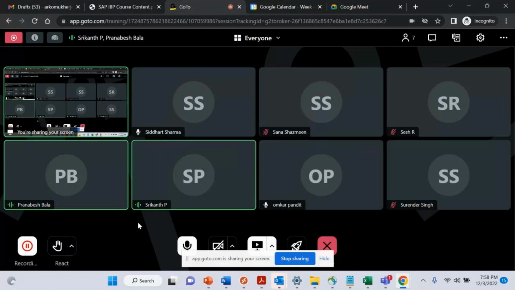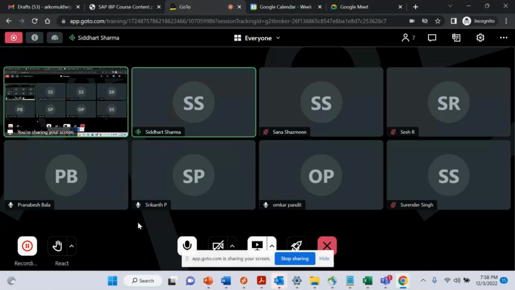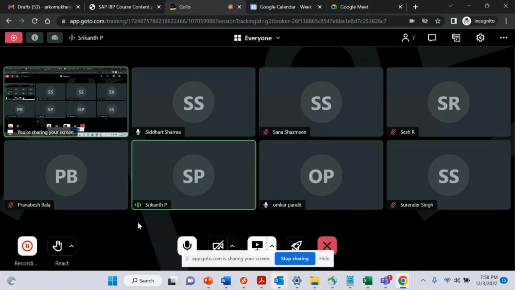Okay, yes, Srikant. So I've got a few data points from what you are saying, but I just want to relate one more thing. From a CPI-DS perspective, I'll be loading master data and transaction data, for example from ECC or S4 to IBP. In master data, I would say region, product, location, these kinds of things.